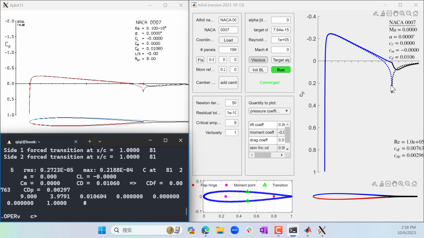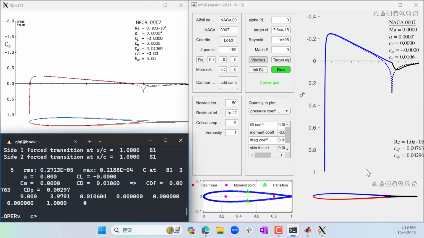So why is it the case? Remember in lecture today, we talked about the displacement effect of the boundary layer. The effect of the boundary layer on the flow field outside of the boundary layer is as if the existence of the boundary layer makes the airfoil effectively thicker, because the outside streamlines are displaced so that they are further away from the airfoil.